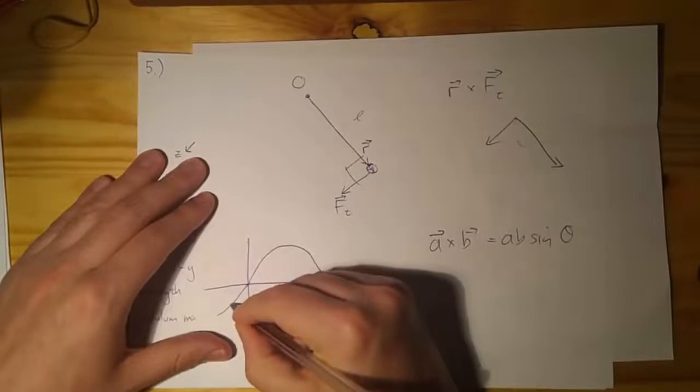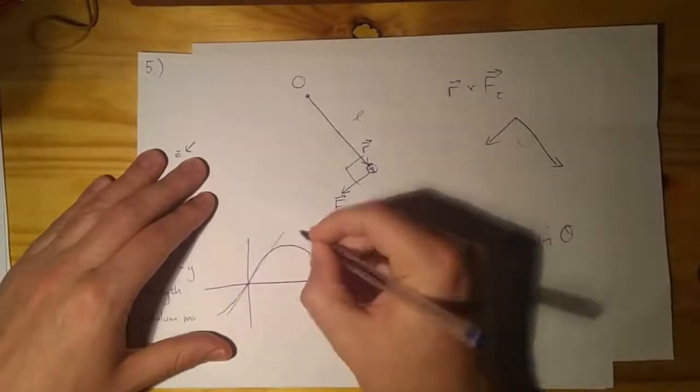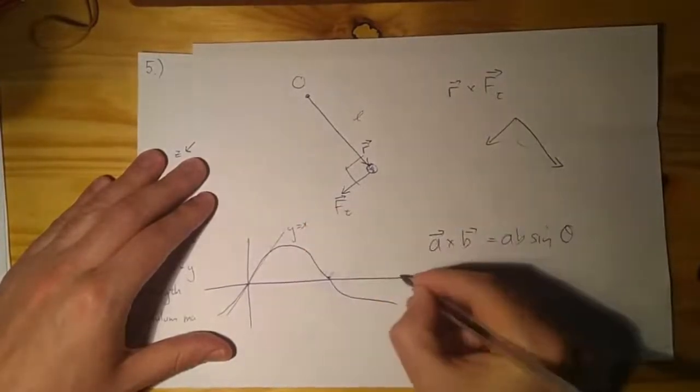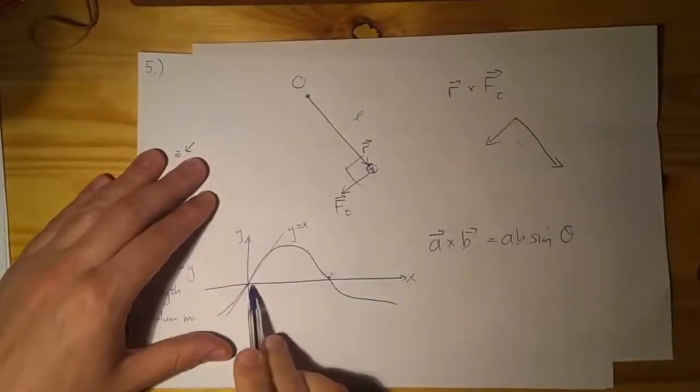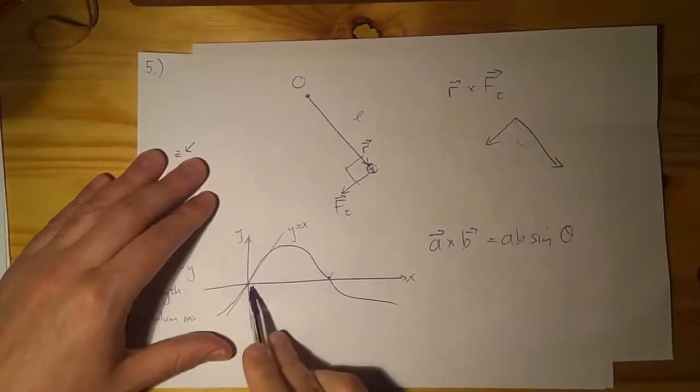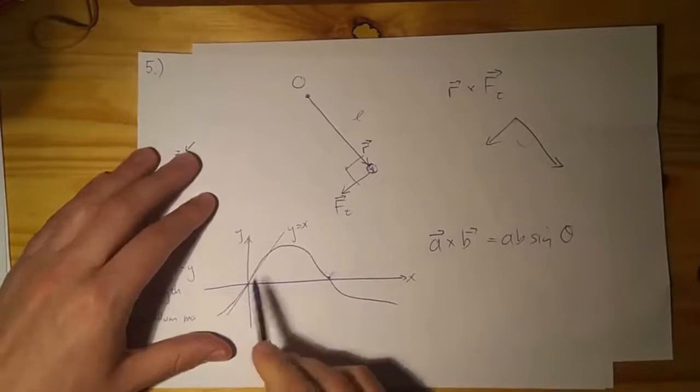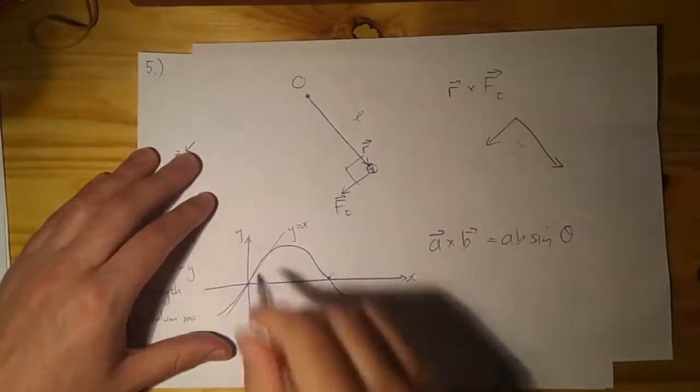So the line tangent to the sine graph at the origin is the line y equals x, which is the geometric reason why we can see that sine of theta is approximately equal to theta at the origin. But it's only if theta is in radians.